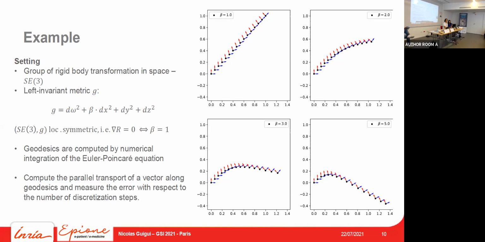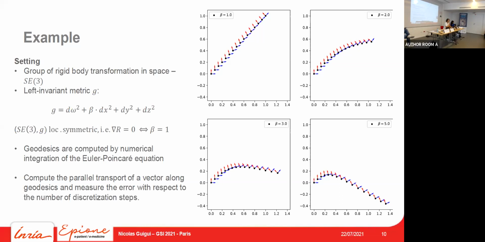Yeah, so my question was really about the numerical stability. So do you see that this approach is more stable? For example, if you increase beta, you get a more and more anisotropic metric, and I can imagine that results get more unstable. Do you have an idea of how stable this is compared to other numerical schemes? So I haven't really done the comparison with other schemes for the geodesics.